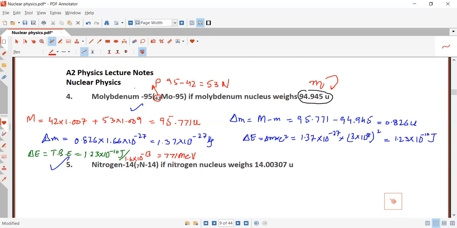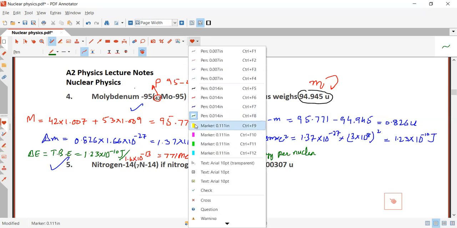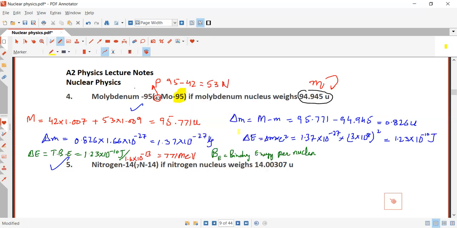If you want to calculate the binding energy per nucleon, we represent it by capital B, subscript E. That is the binding energy per nucleon. So how many nucleons are there in molybdenum? You can have a look at the first line, which is 95.